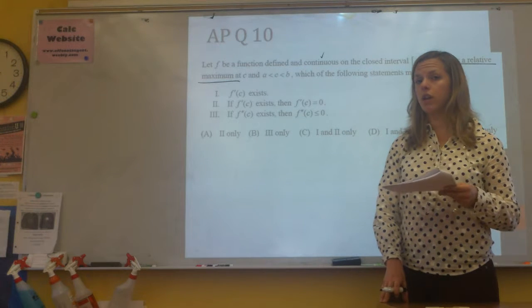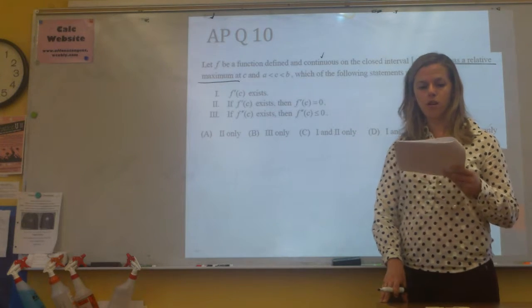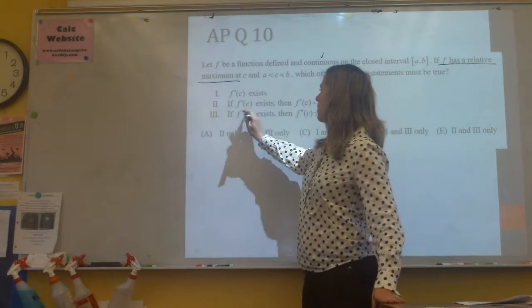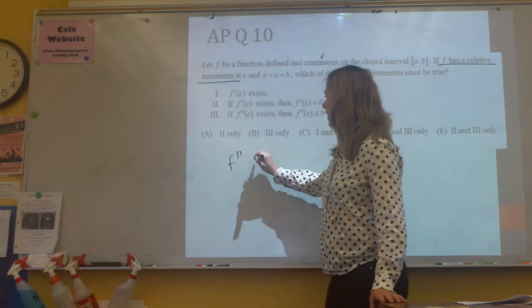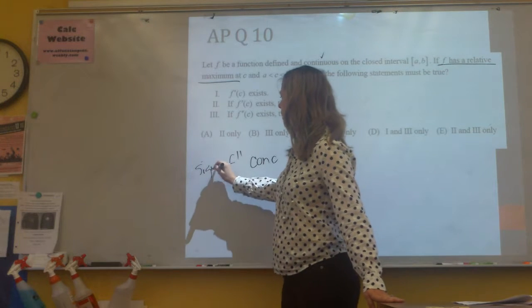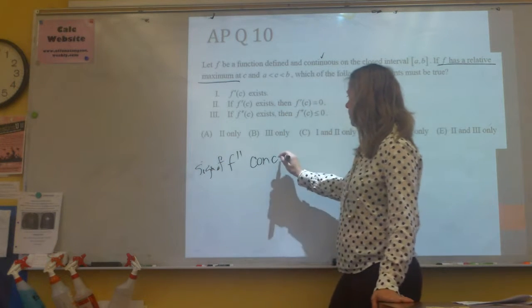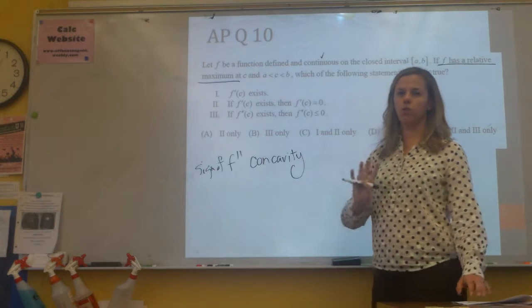Let's go through number 3 together, and then I'm going to have you determine the answer from there. But let's talk about the second derivative, okay? So the second derivative, f double prime, indicates concavity. Right? We're going to learn more about this later.